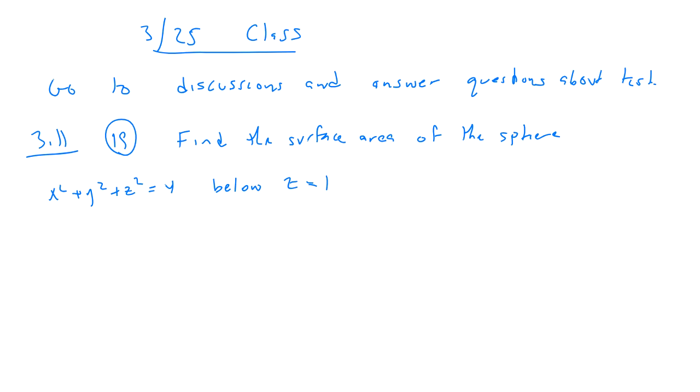They say find the surface area of the sphere below the line z equals 1. They then add together with the disk that would close it. So with the disk.